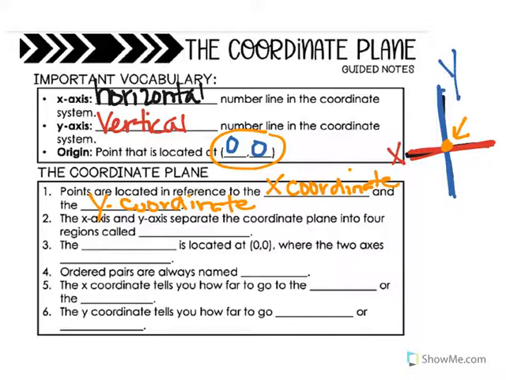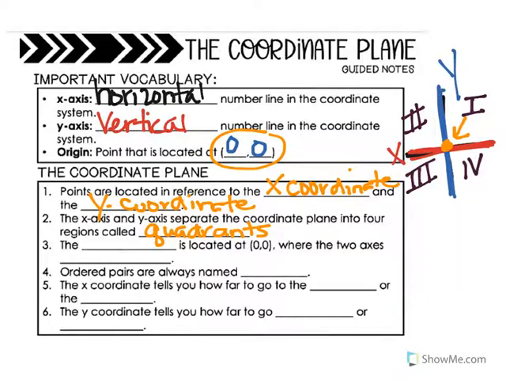The x-axis and y-axis separate the coordinate plane into 4 regions that we call quadrants. So these 4 regions, 1, 2, 3, 4, are called quadrants.